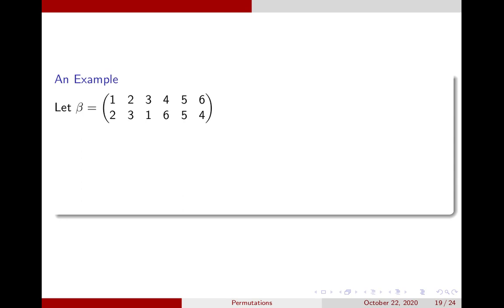This is another theorem which we're not going to prove. We are just going to look at the method for taking a permutation, like the beta in this example, and writing it as a product of disjoint cycles.